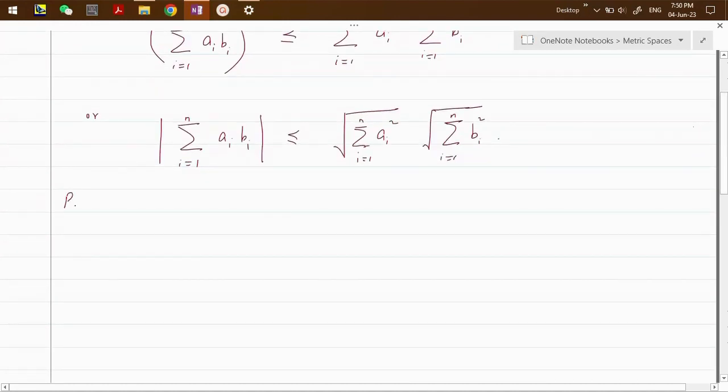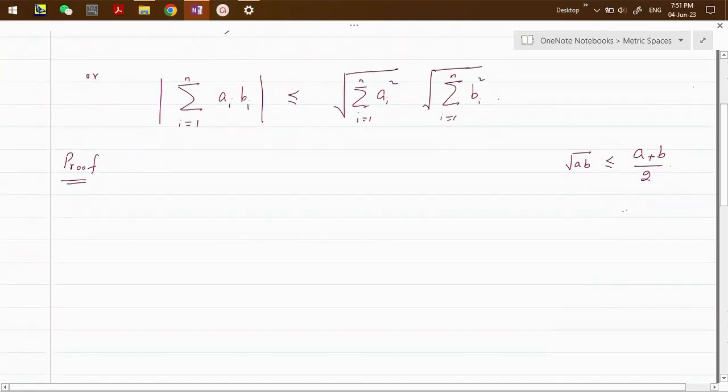Now let us start the proof. Since we know that for all non-negative real numbers a and b, the geometric mean of a and b, which is root of ab, is less than or equal to the arithmetic mean of a and b, which is a plus b over 2. This holds for all non-negative real numbers.